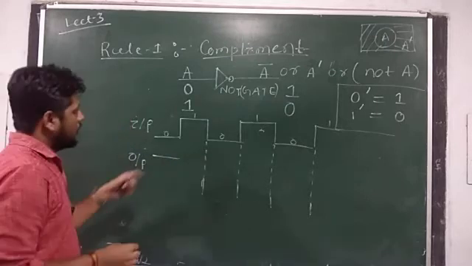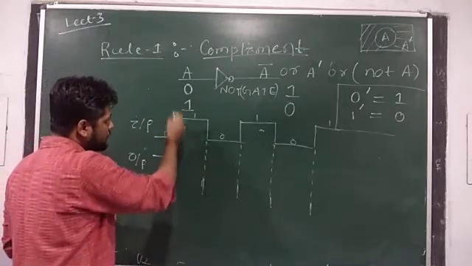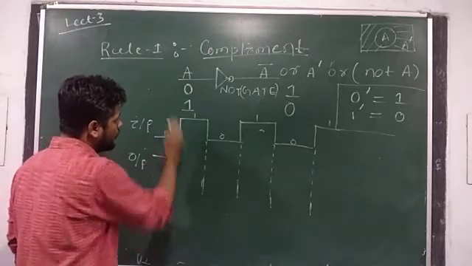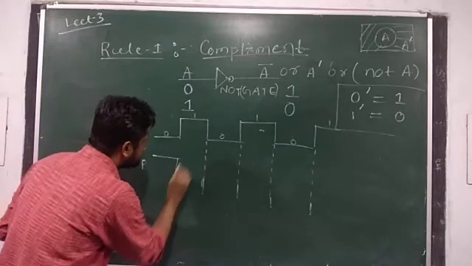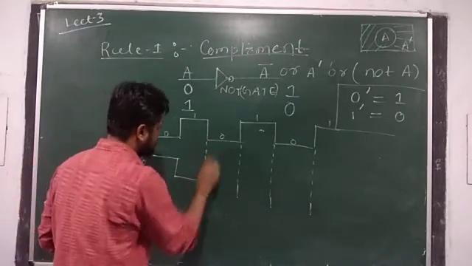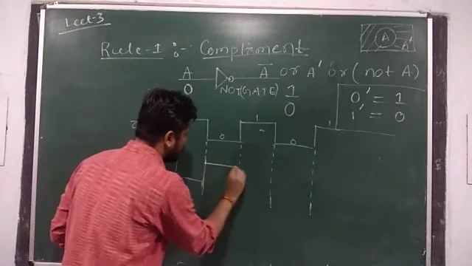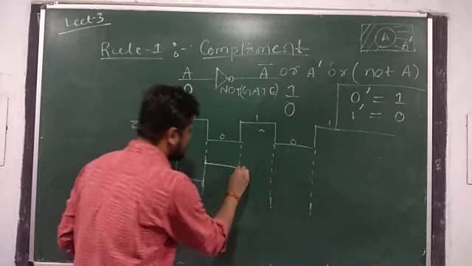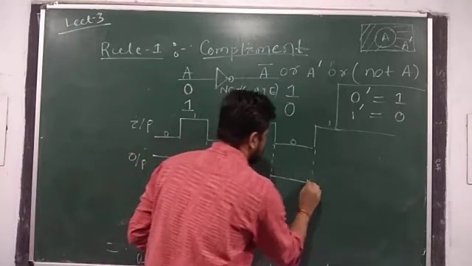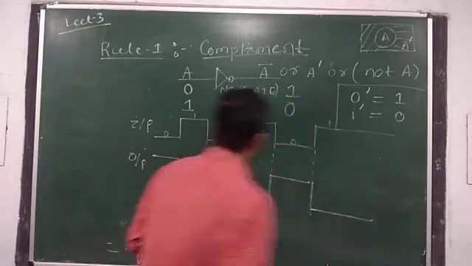But when the pulse goes high, the transition is from 0 to 1, hence the output will be 0. Again we apply 0, then the output will be high, that is 1. Similarly, this is 0, then 1, then 0.